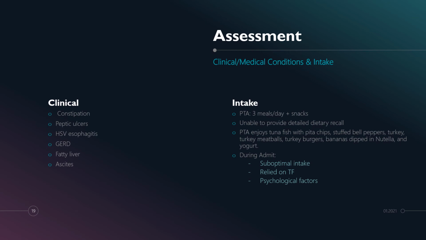She did know that if she continued to rely on the tube feeds, since the nasogastric tube that she had in place is not long term, there was kind of the discussion going on about a PEG tube, and she did not want a PEG tube. She was very adamant about not wanting a PEG tube, and so because of this, we had to really work with her a lot on consuming her foods orally.